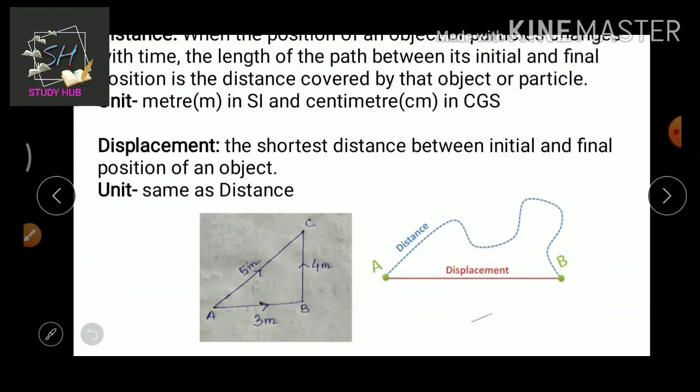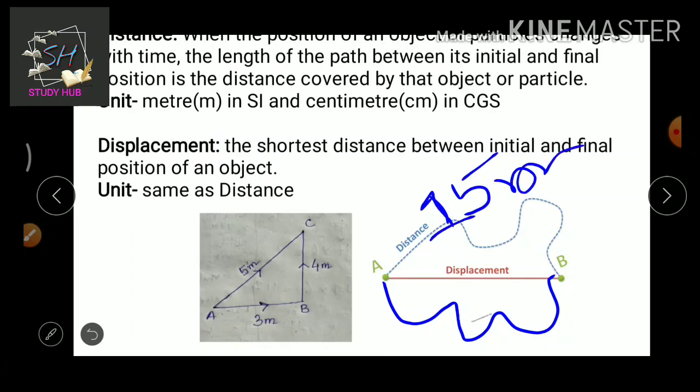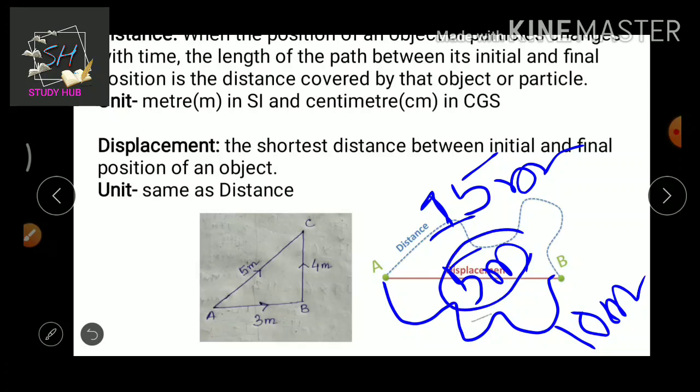Suppose we are taking another way from A to B. Now suppose this way distance is 15 meter, this way is 10 meter, and this direct way is 5 meter. So here displacement is the shortest distance, so displacement is 5 meter east, and 15 meter, 5 meter and 10 meter, these all three are distances. But for the case of displacement, we only take the shortest path, which is 5 meter.